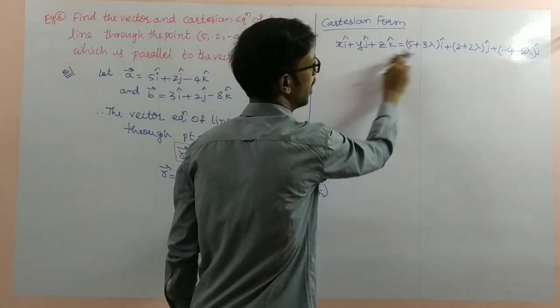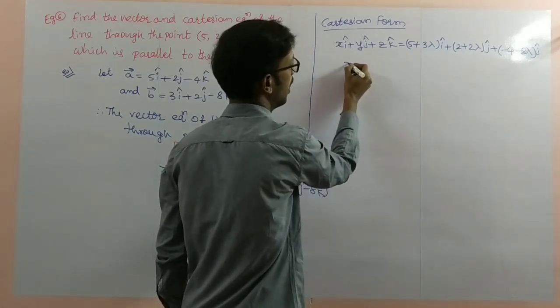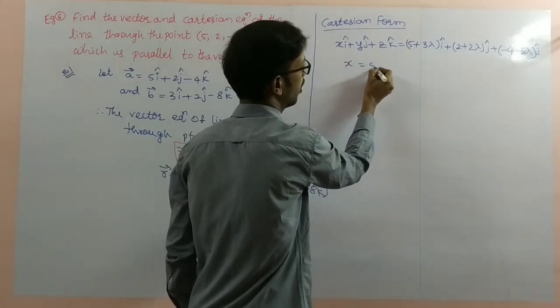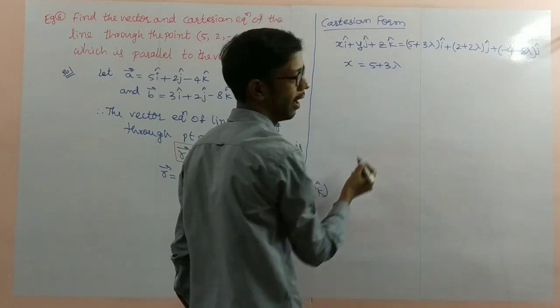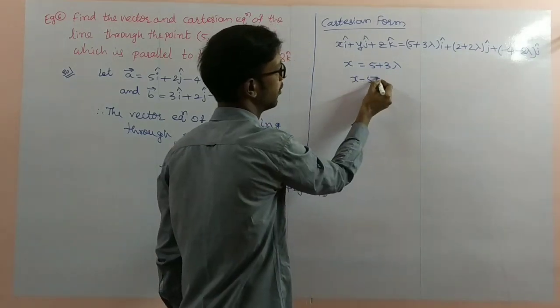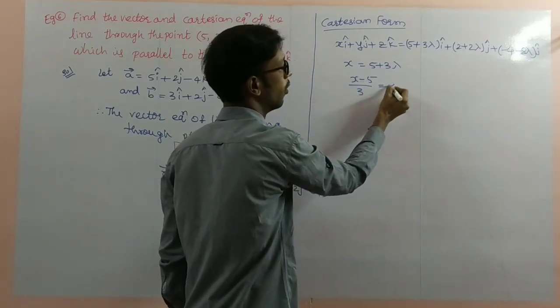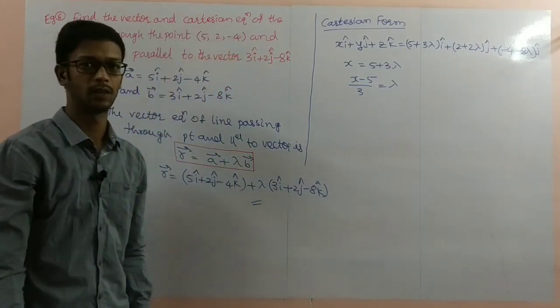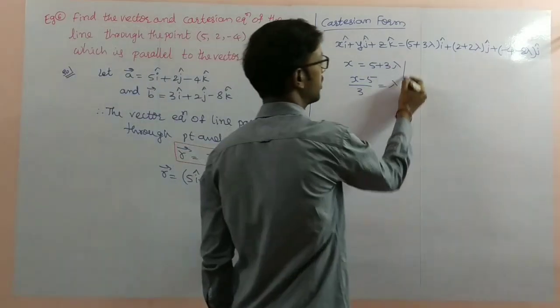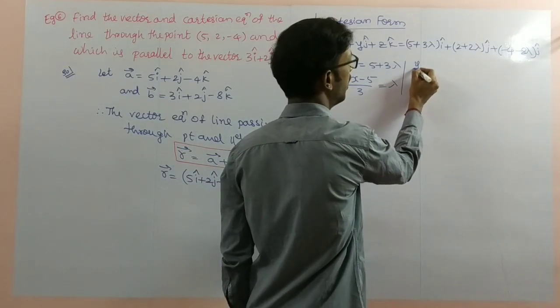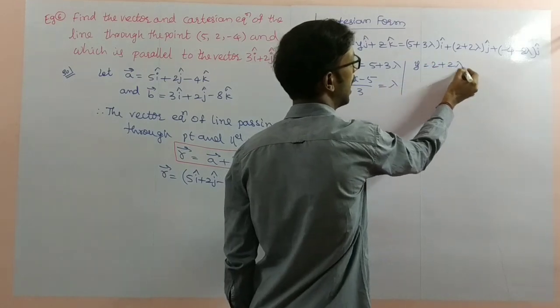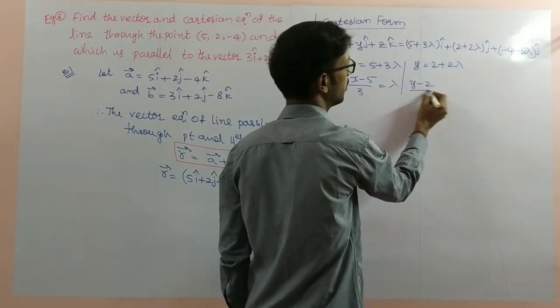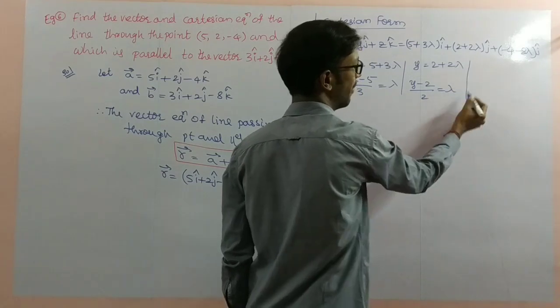Now simplify this equation. Compare these two. x equal to 5 plus 3 lambda, so x minus 5 by 3 equal to lambda. Next, y equal to 2 plus 2 lambda, so y minus 2 by 2 equal to lambda.